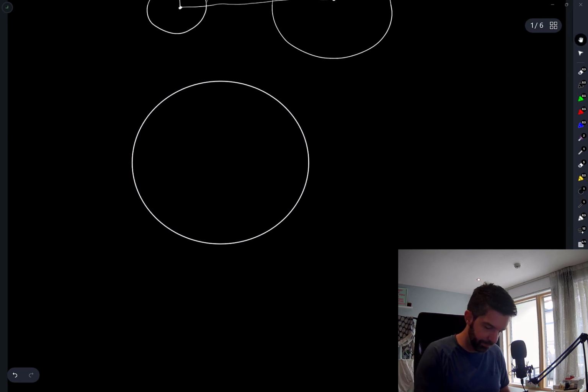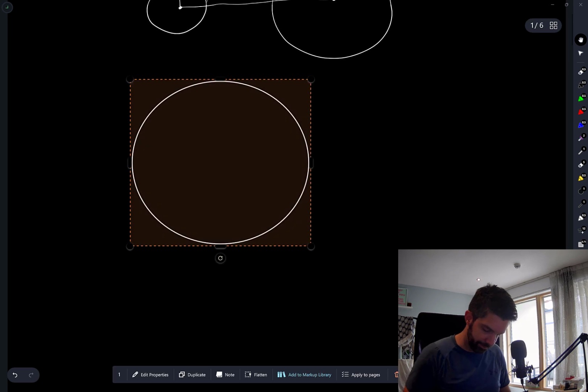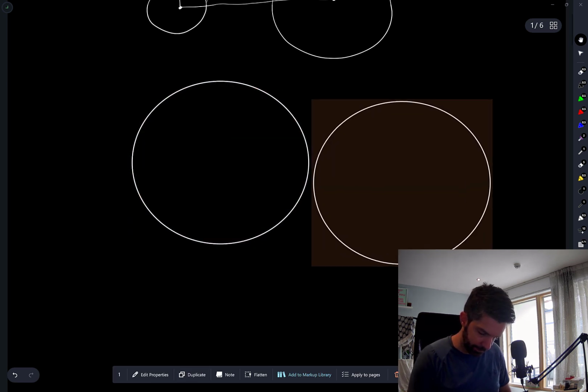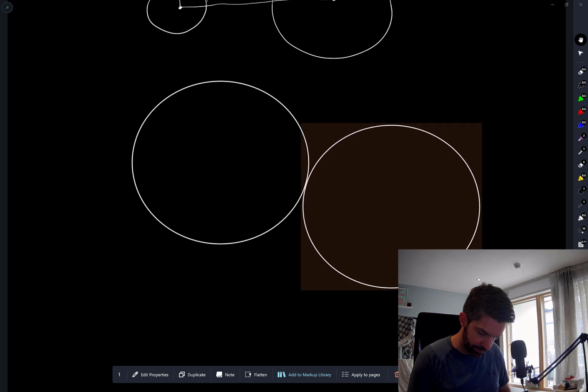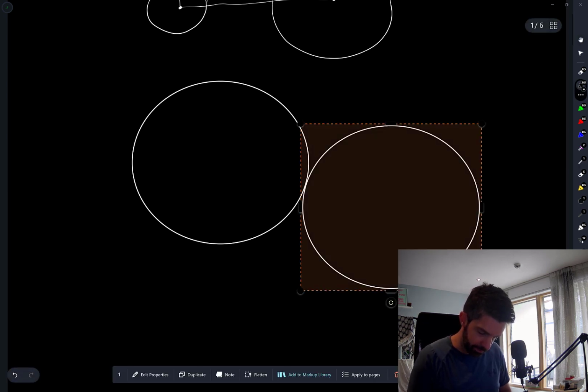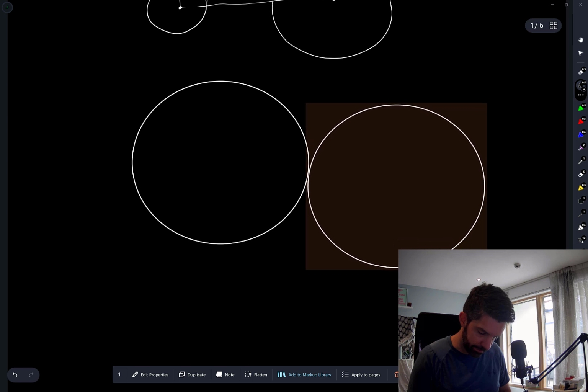Okay, so there's a circle. I'm going to copy it and just move it down a little bit, make them tangent. Maybe I should move it up a little bit like that.